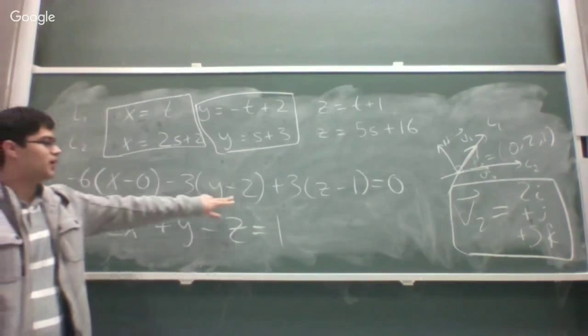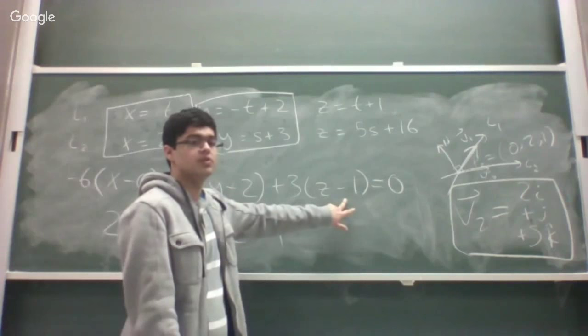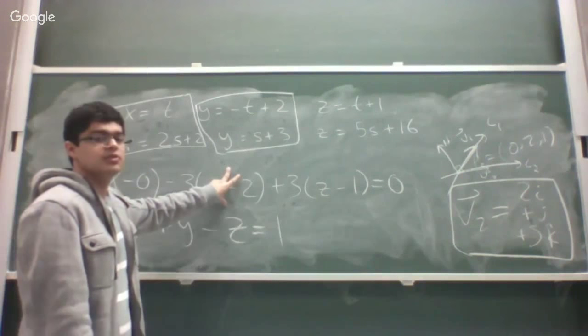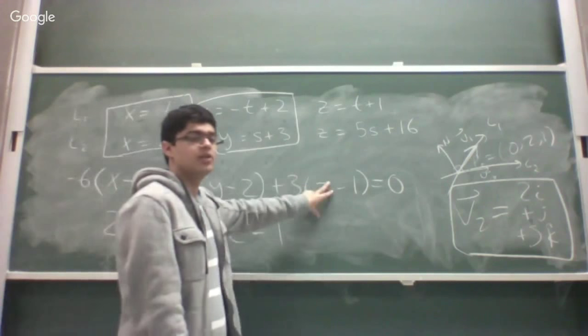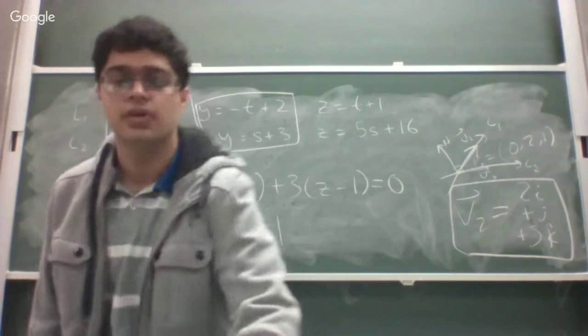So this would be a +6 here. This would be a -3. So it's a +3 on this side. You bring it to the other side, it's -3.